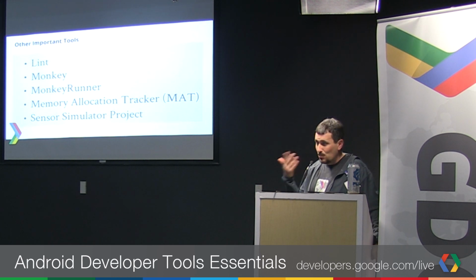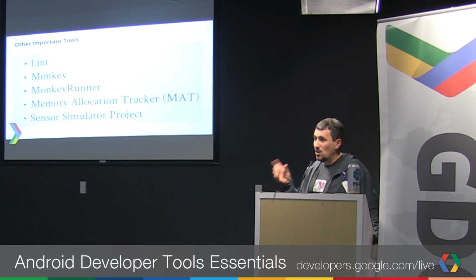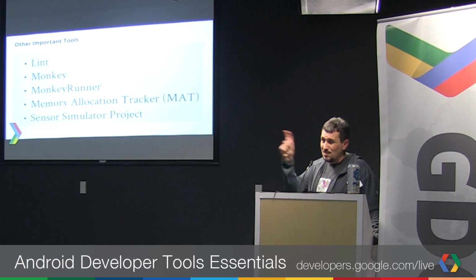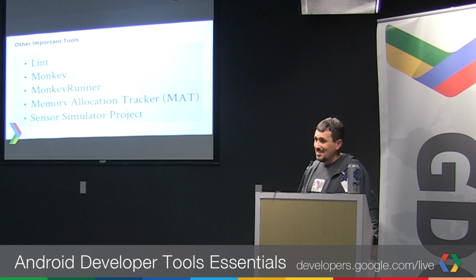So for instance, like we talked about before, if you're using a hard-coded string within your code, lint will go through automatically and put a little flag next to that that says, hey, you probably don't want to be using a hard-coded string here. And then when you mouse over that, it will give you remediation strategies. And in some cases, it will actually go ahead and fix those for you. So in this case, lint will highlight that.